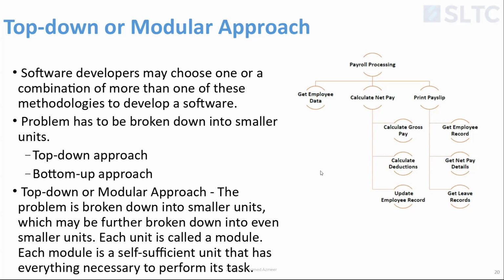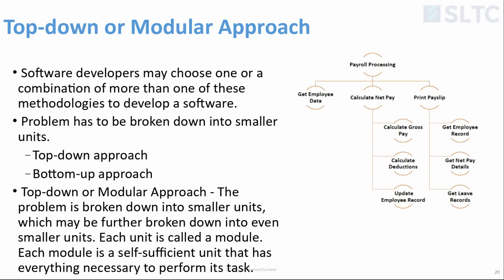When it comes to modules, is it a top-down or bottom-up approach? Meaning there are two ways of looking at modular systems. Here is an example where I'm trying to build a payroll processing application. That's on the top.